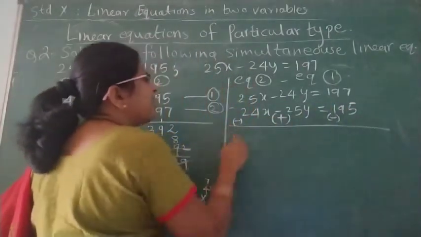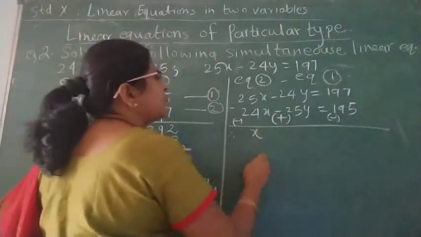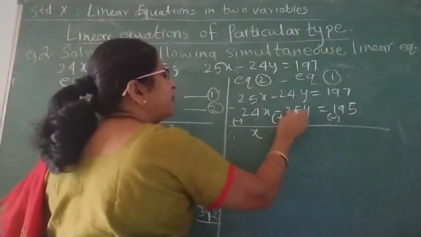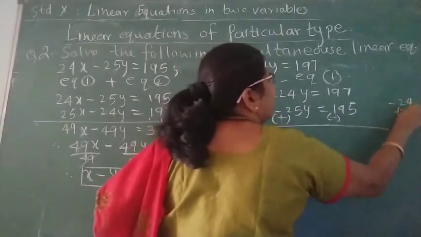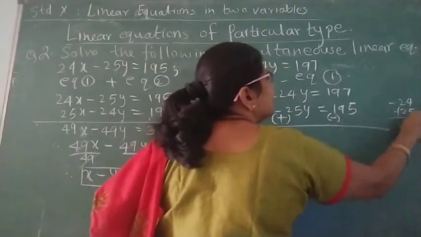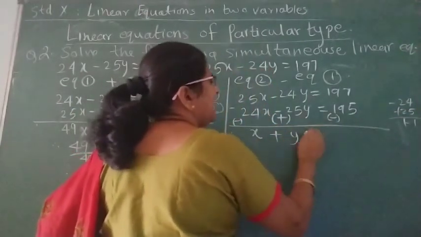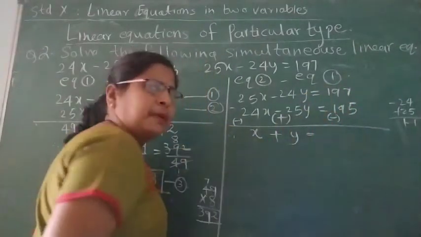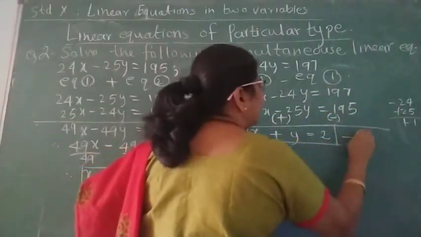Now for the subtraction, 25 minus 24 will give us 1x, that is only x, and minus 24 plus 25 will give us difference 1, and the difference is positive 1. So it is plus y is equal to, now 197 minus 195 will give us 2. So this is our equation number 4.